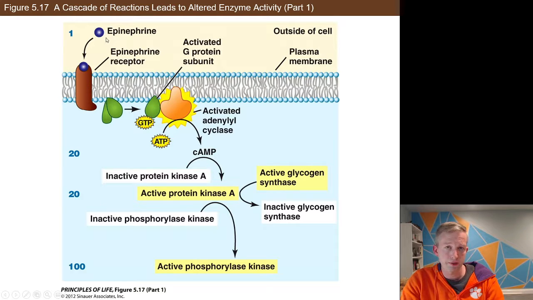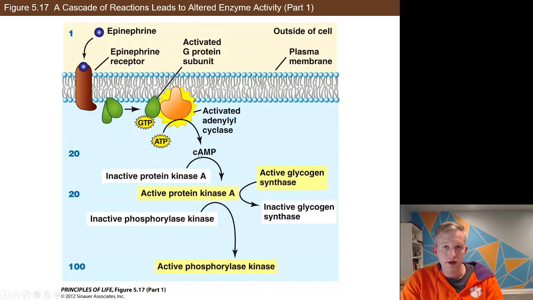A single epinephrine molecule can lead to the activation of this G protein, which activates adenylyl cyclase. That can lead to 20 different cyclic AMPs being created. So it's not just it breaks down one ATP, it breaks down 20 ATP on average.